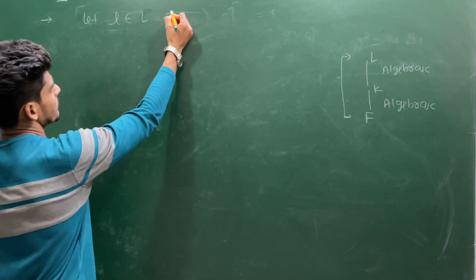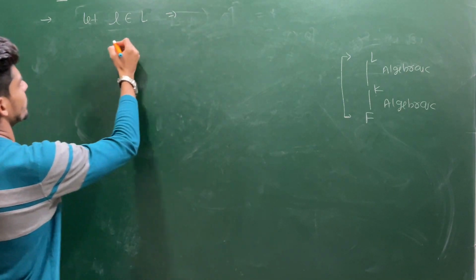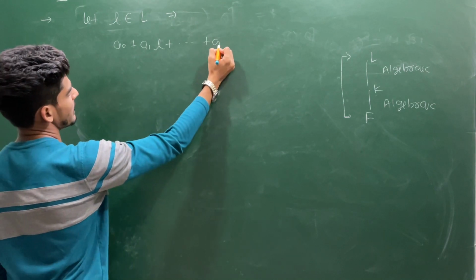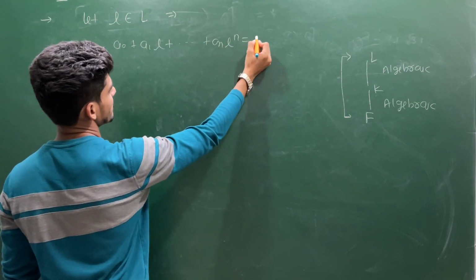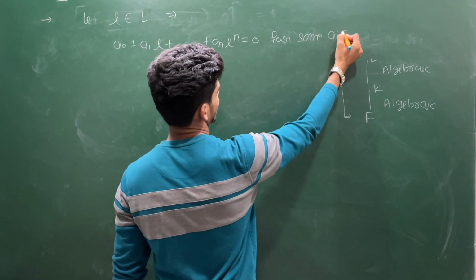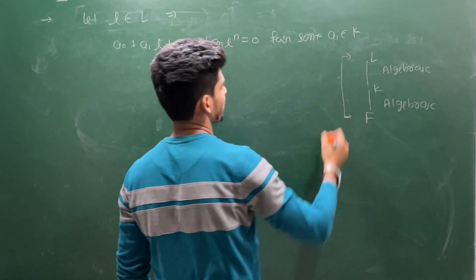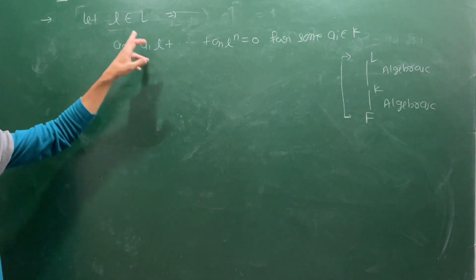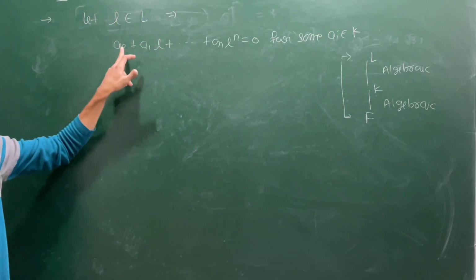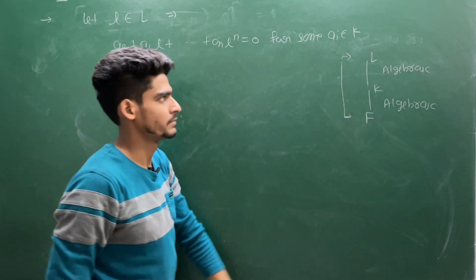This implies a0 plus a1 l plus ... plus an l to the power n is equal to 0 for some ai's coming from K. That means there is a polynomial which contains l as a root. So I am not writing in the form of x, I am writing directly that l is a root of some non-zero polynomial in K.